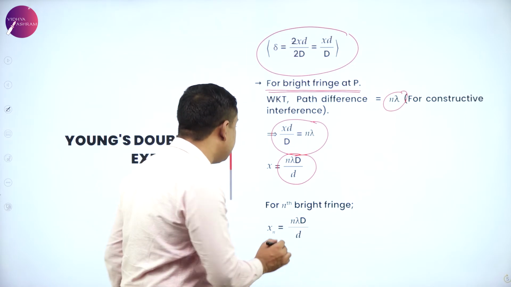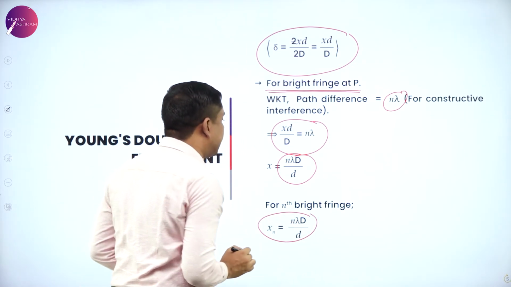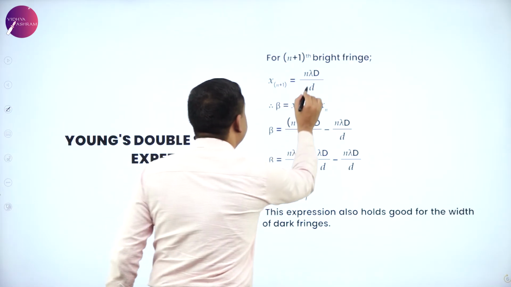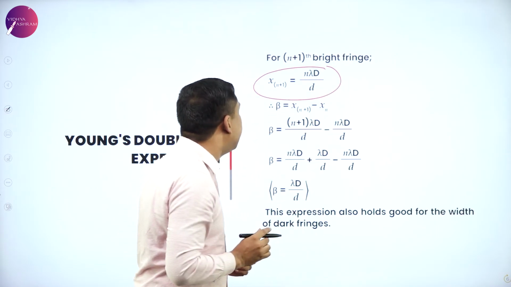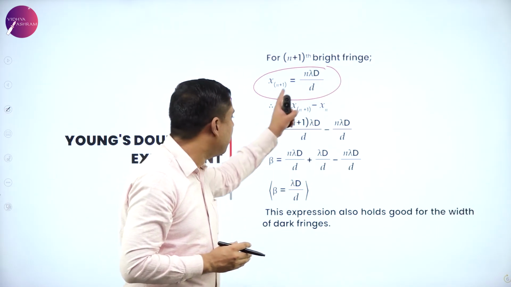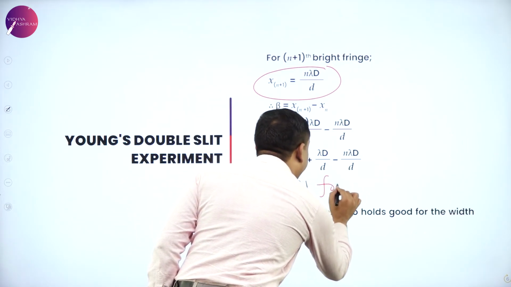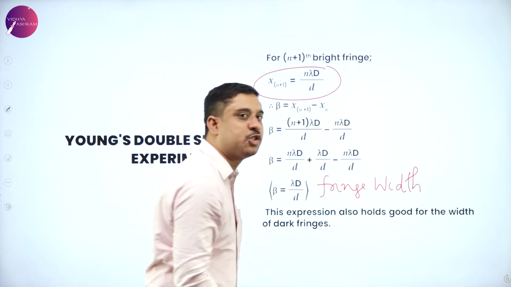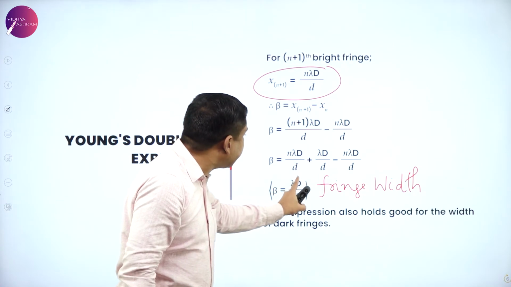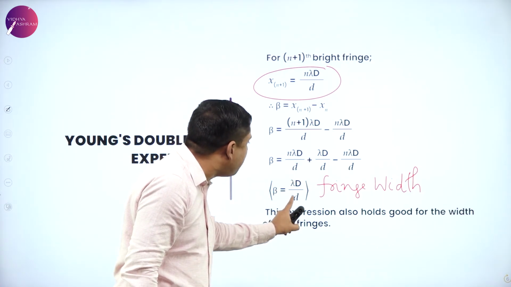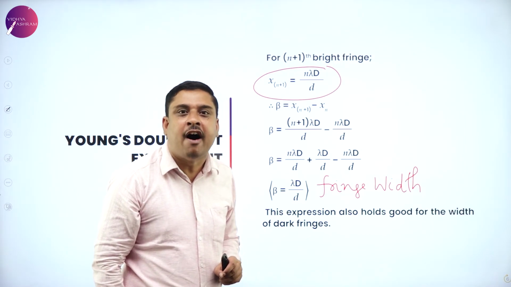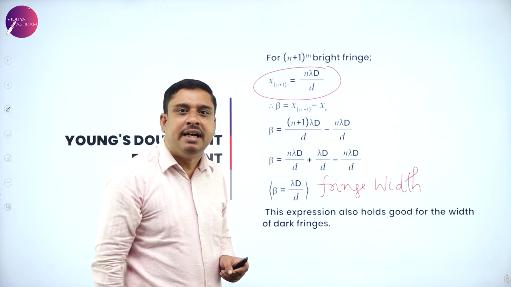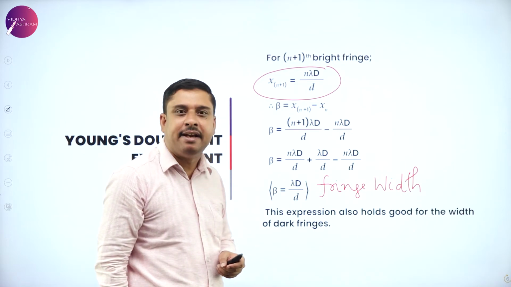Now for the nth bright fringe, Xn is n lambda D by d. For the (n plus 1)th bright fringe, Xn plus 1 is (n plus 1) lambda D by d. So when we simplify, the fringe width turns out to be a very important expression: beta, fringe width, is equal to lambda capital D divided by small d.